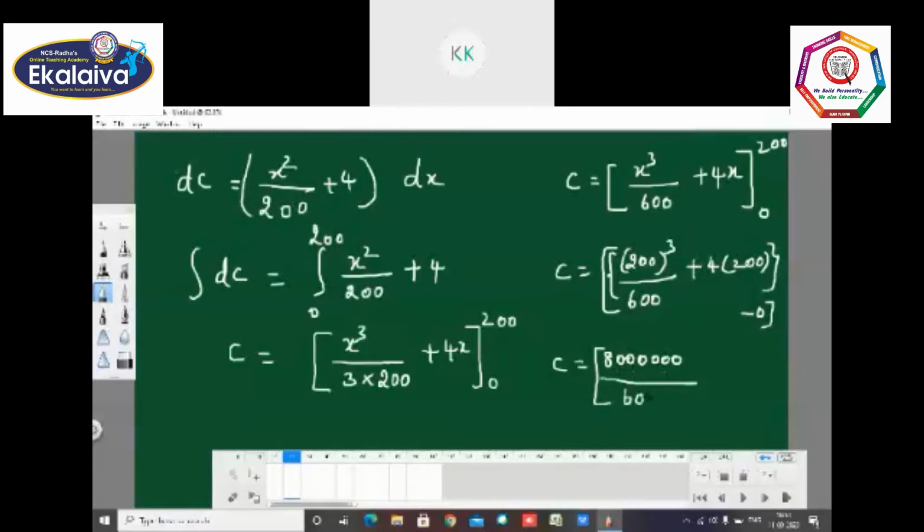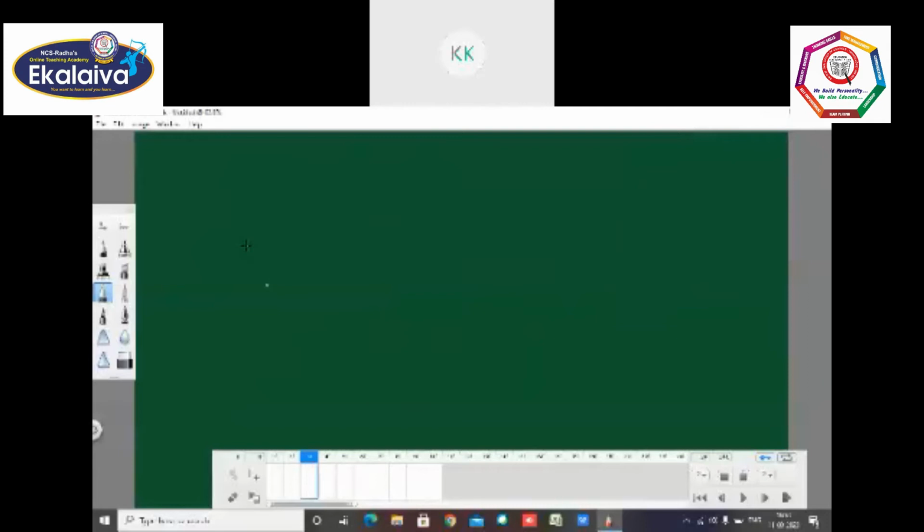200 into 200 into 200. What value are we getting? 80 lakhs by 600 plus 800.